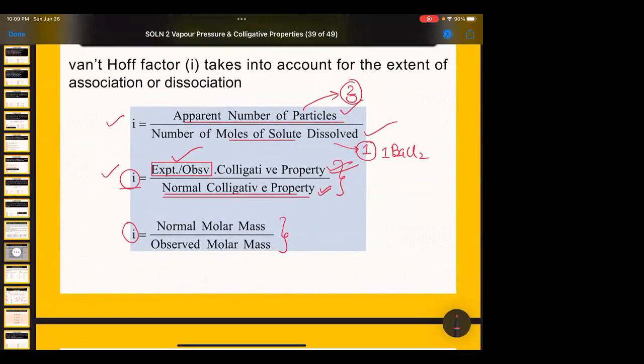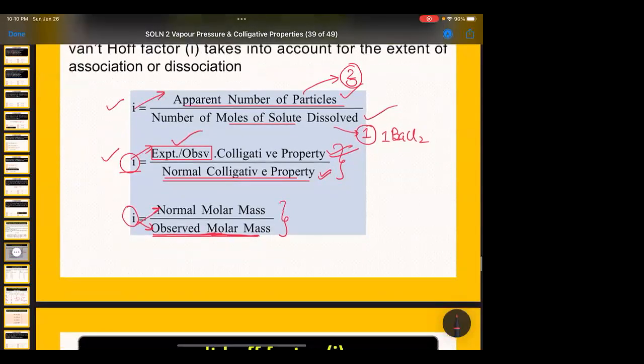But i is inversely proportional to molar mass. So here the observed value is at the bottom, whereas everywhere else the observed value is at the top, in the numerator. So the observed molar mass is in the denominator and the original molar mass is in the numerator.